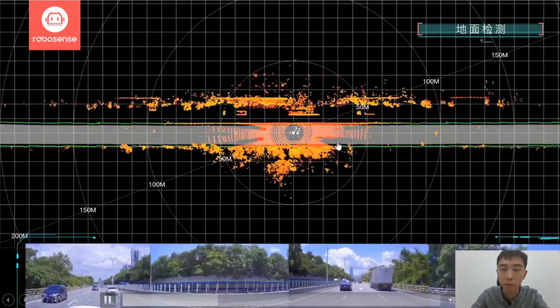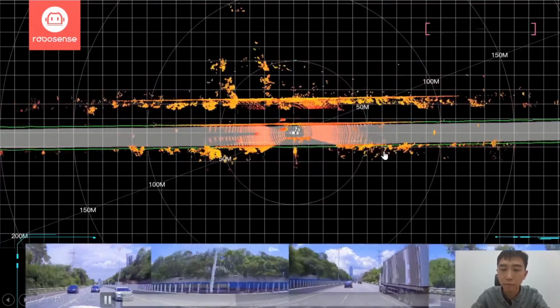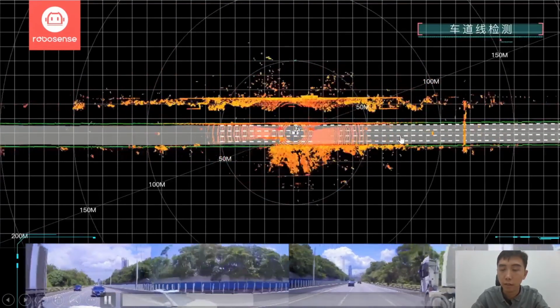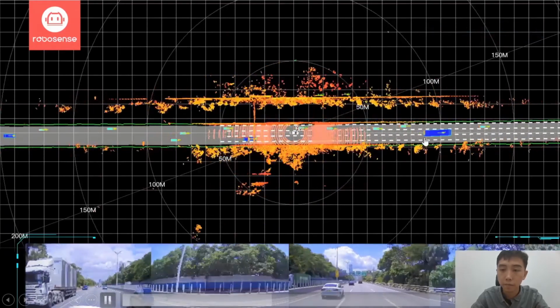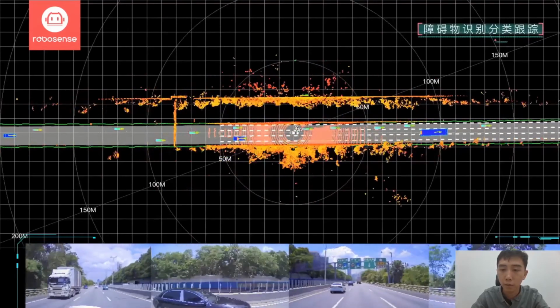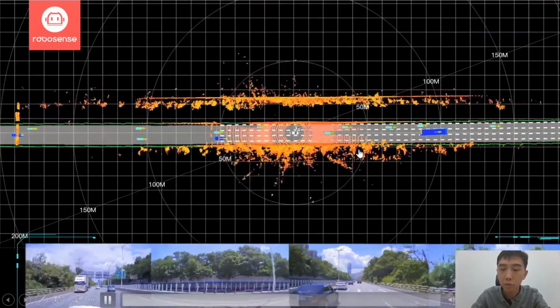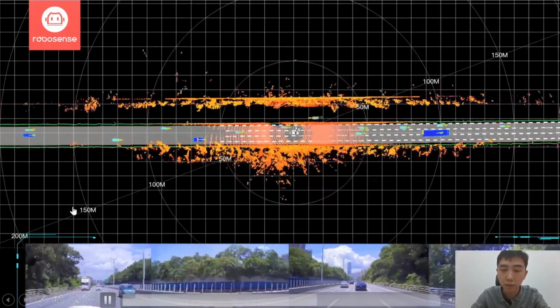Here is the ground. This part is the ground. Here is the lane line. And the moving targets on the ground. So for this system, we will detect all the objects within 200 meters.